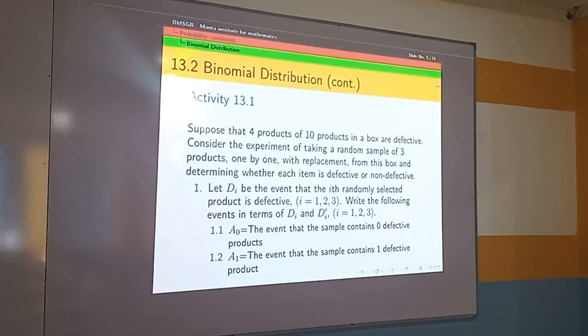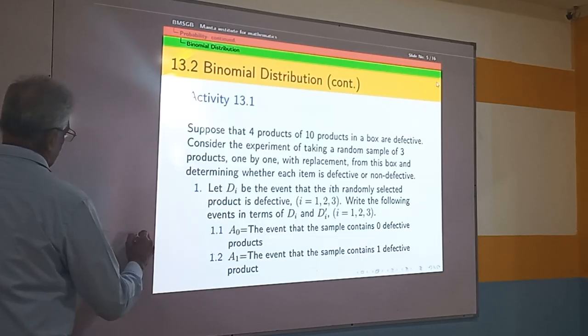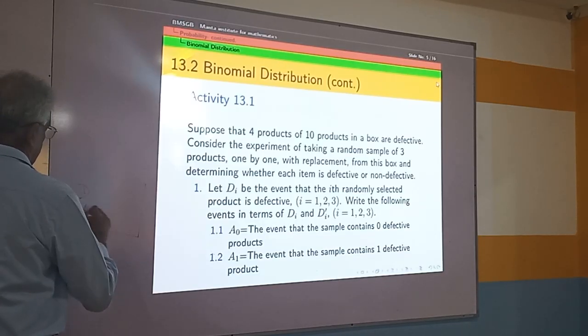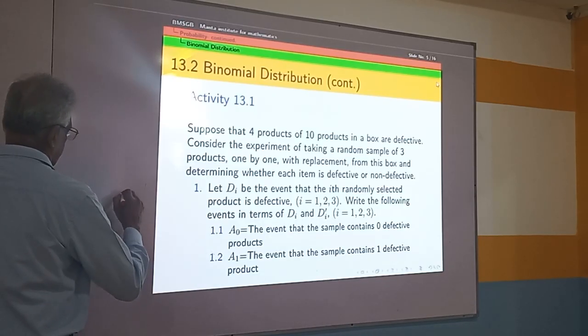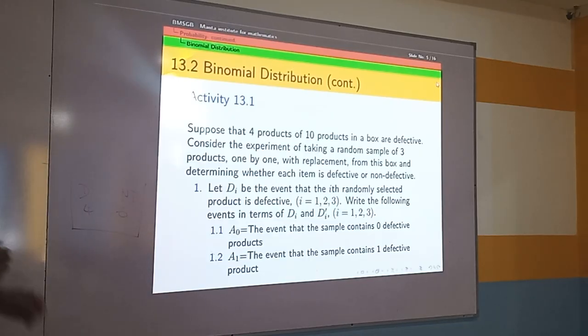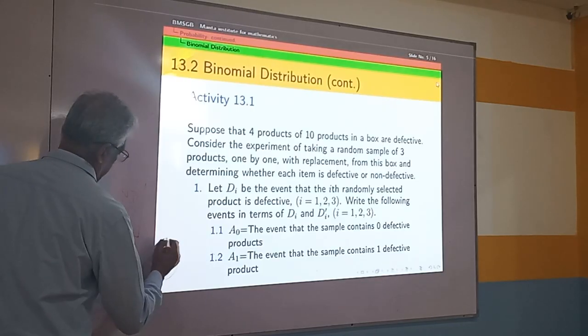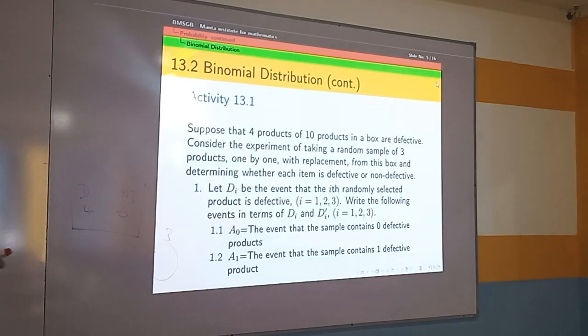Suppose that 4 products of 10 products in a box are defective. So 4 are defective, therefore 6 are non-defective. Consider the experiment of taking a random sample of 3 products, one by one, with replacement.